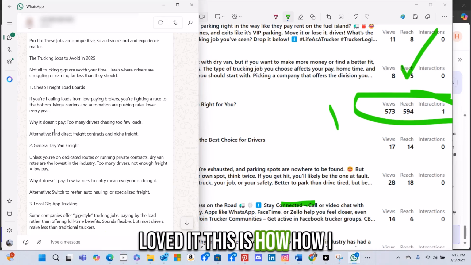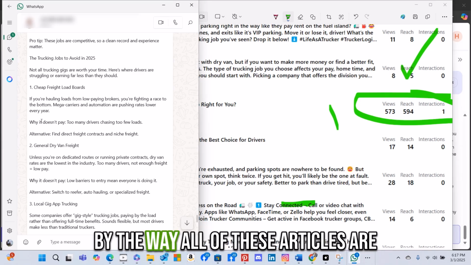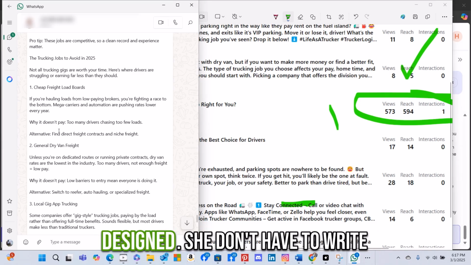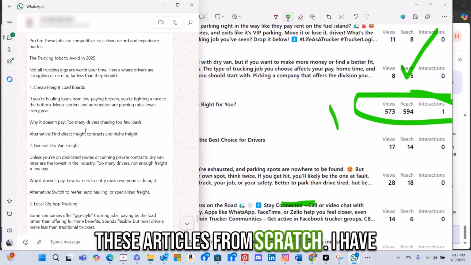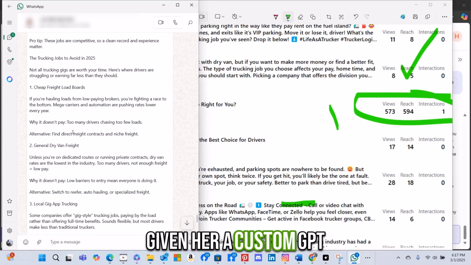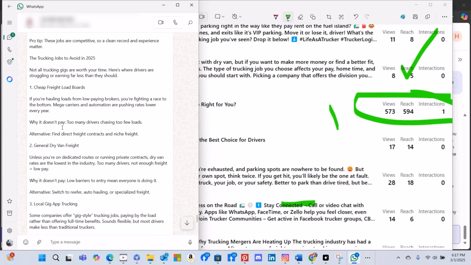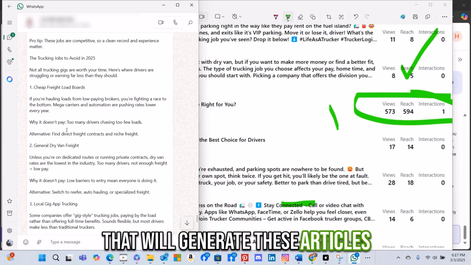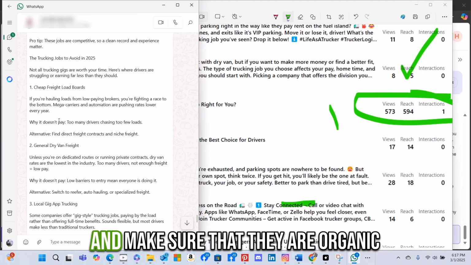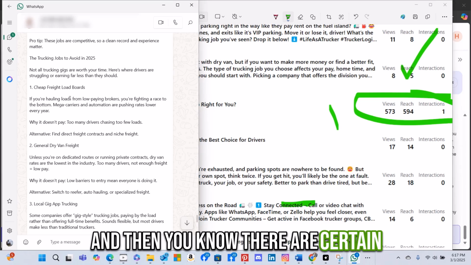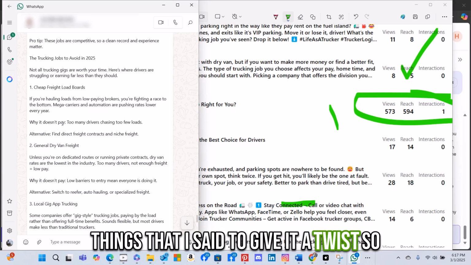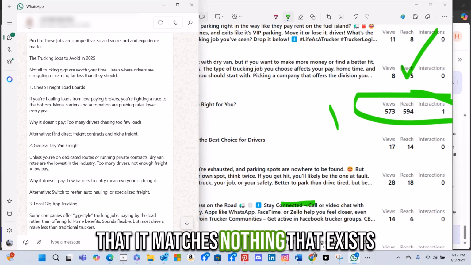I loved it. By the way, this is how all of these articles are designed. She doesn't have to write these articles from scratch. I have given her a custom GPT that will generate these articles and make sure that they are organic. And there are certain things that I said to give it a twist so that it matches nothing that exists.